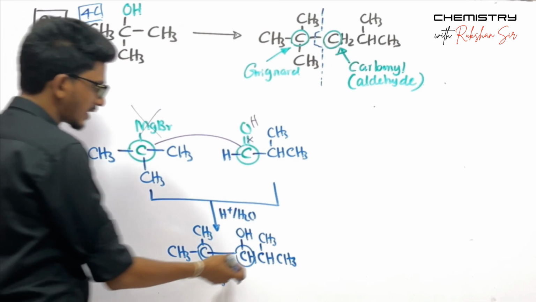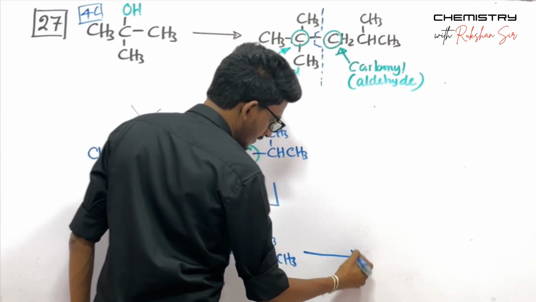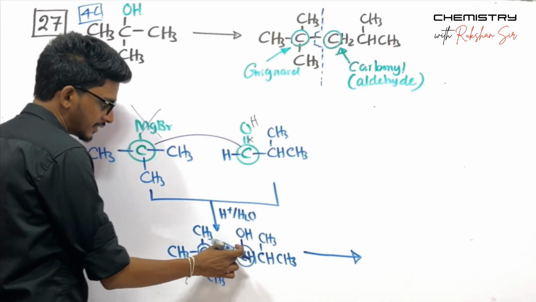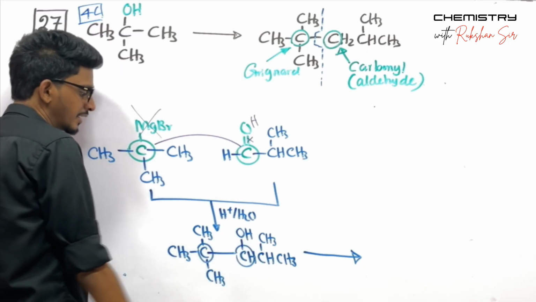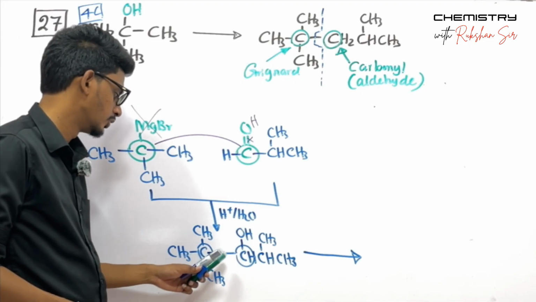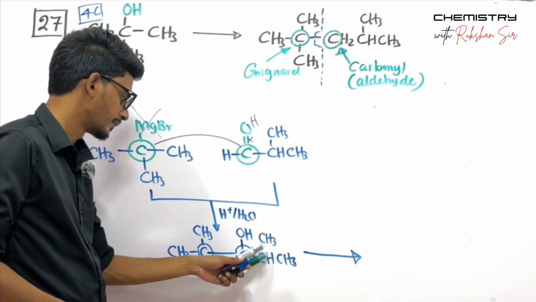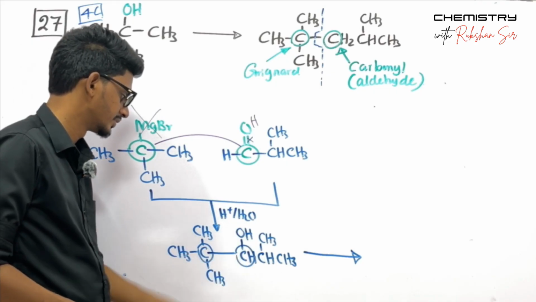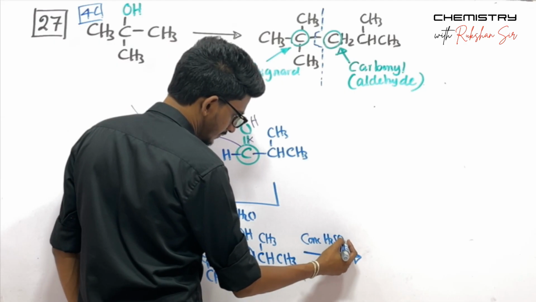So neutralizing this carbon can be done by first making an alkene and hydrogenating. This carbon is not bound with any hydrogens, right? So you can't form the double bond here, and you can form the double bond here by leaving this hydrogen with the OH here. Form the alkene with H2SO4 and heating.